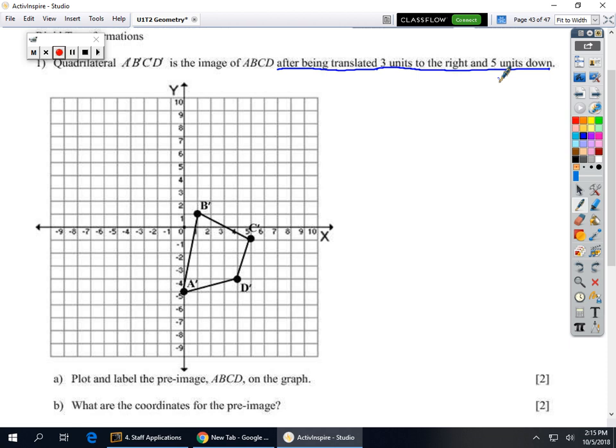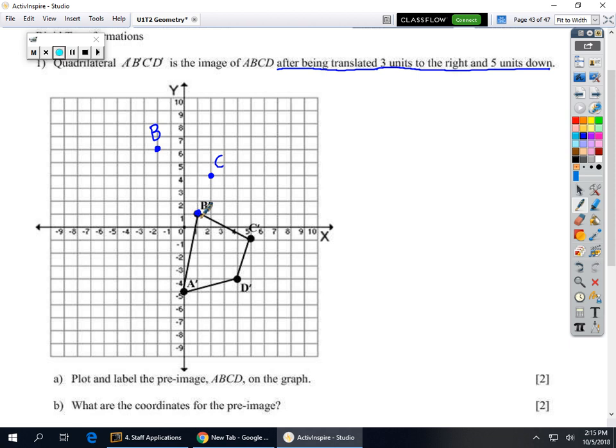Let's do this with each point now. For B prime, I'm going to go 3 units left and 5 up. 1, 2, 3, 1, 2, 3, 4, 5. Okay, and we're going to label that as my original B, not B prime. C goes 3 left, 1, 2, 3, 1, 2, 3, 4, 5. That's my original C. D, go 1, 2, 3 left, 1, 2, 3, 4, 5.